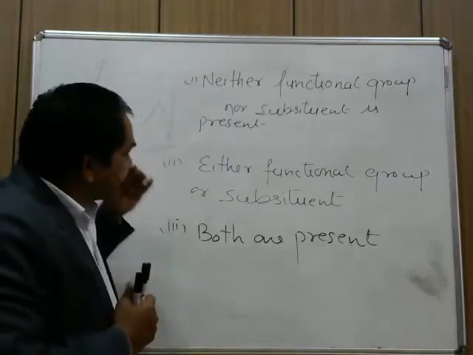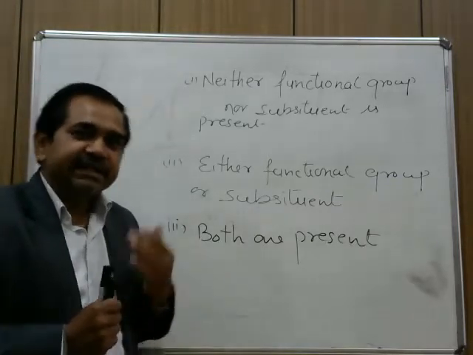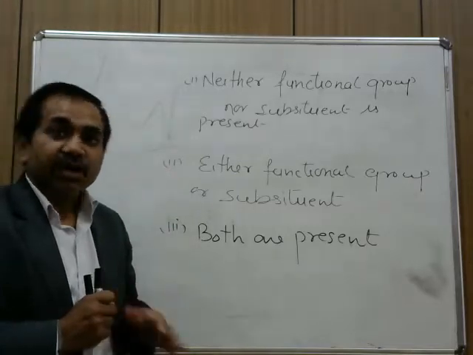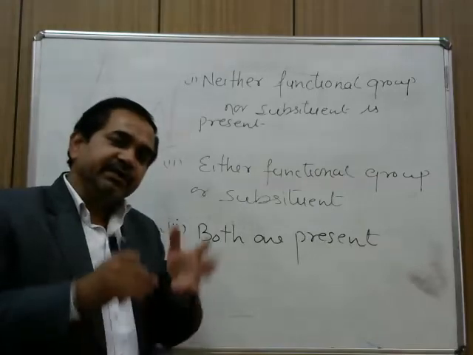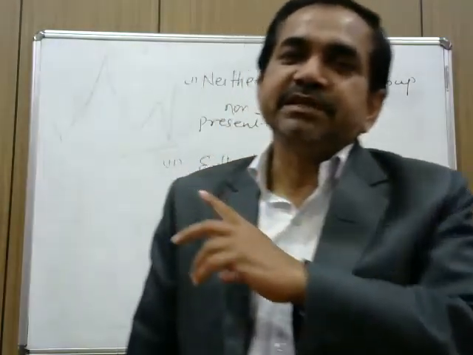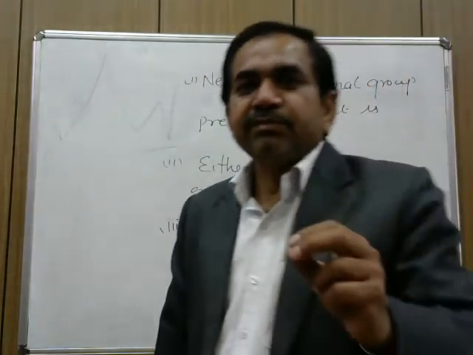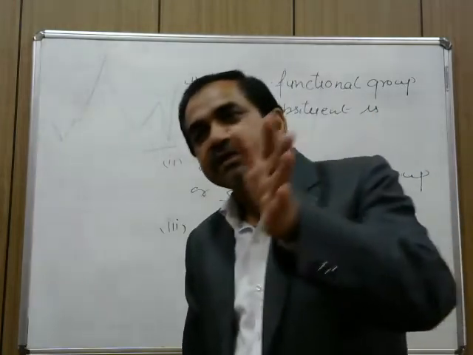If the second condition is there, in the given compound either there is a functional group or there is a substituent, then numbering must be done from that side which gives the lower number to the position of either the functional group or the substituent.